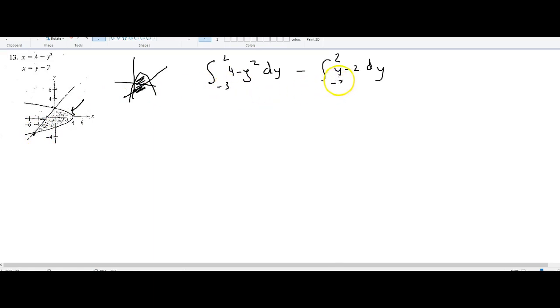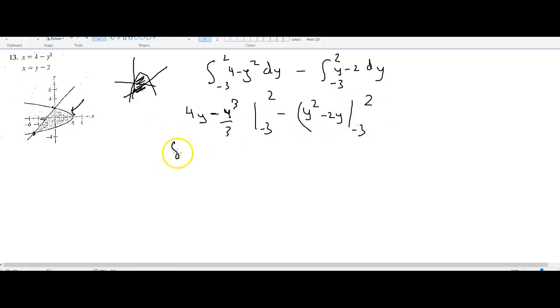So since that's -3 down here, now I'm ready to do the problem, right? I can whip my way right through this problem. I get 4y minus y to the 3rd over 3 from -3 to 2. Kind of don't want the lag I'm getting. Y squared minus 2y from -3 to 2.